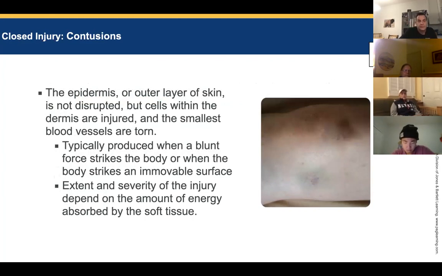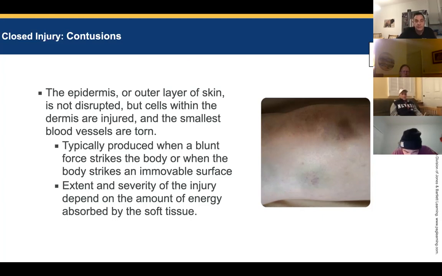Blunt force strikes the body, something hits it, or like I said, the fixed object that they ran into. Extent and severity of the injury depend on the amount of energy. Going back to that mechanism of injury, did they slip? Were they on their skis and out of control, going too fast, hit something that didn't move?